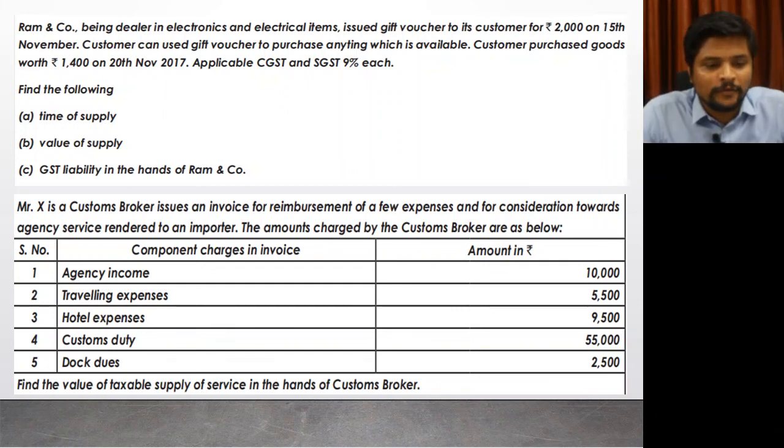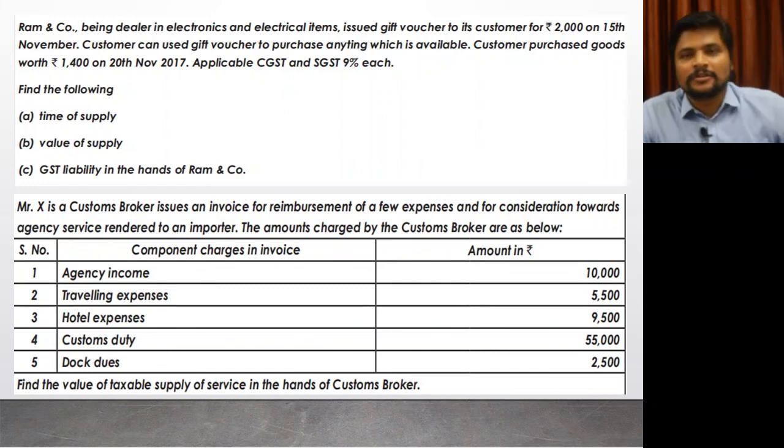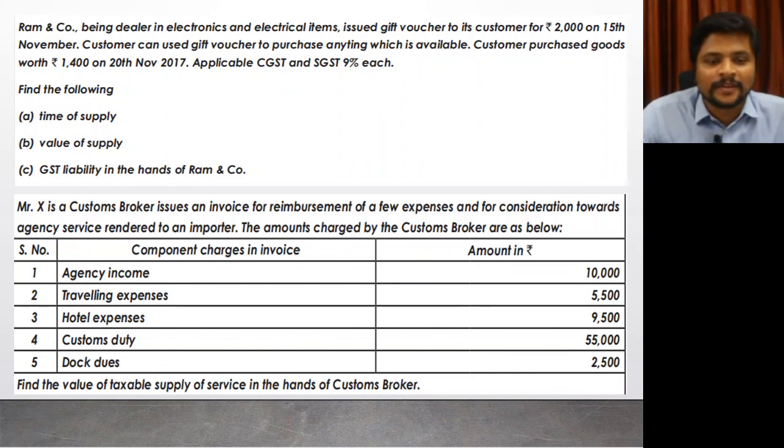For the valuation of these goods, we have to refer to rule 32 sub rule 6. What does it say? The value of the voucher shall be the equivalent amount of the redemption value. In this case, the customer has purchased goods worth 1400 rupees, so the value of supply shall be only 1400 rupees, though the time of supply is 15th of November.